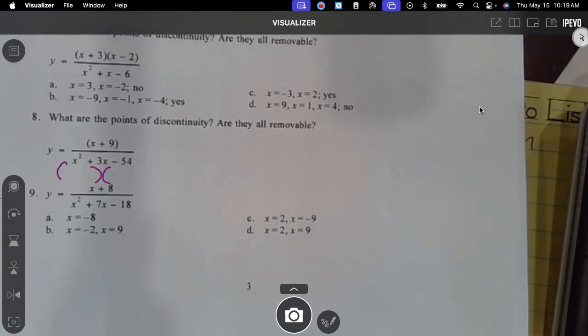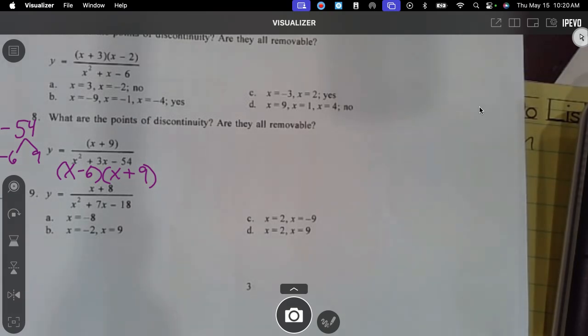But number 8, you have to factor. So let me put what goes at the front. X and X. What are factors of negative 54? Okay, and that adds up to positive 3. So you get negative 6, positive 9. So what cancels out? Ashton, I'm not picking on you, but I want to make sure. Is anything matching that's in the top and the bottom? Number 8. But look at mine. I have x plus 9 up here.